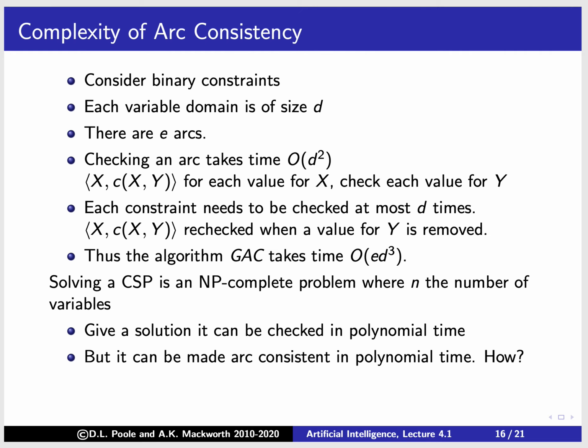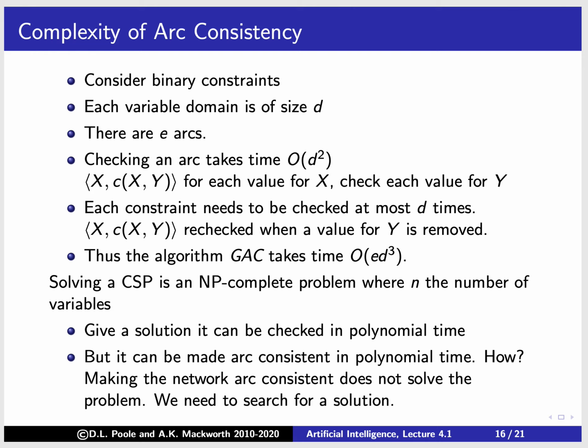We don't know it theoretically, but practically we can't solve NP-hard problems in polynomial time. The answer has to be that making the network arc consistent doesn't actually solve the problem. We still need to do some search.